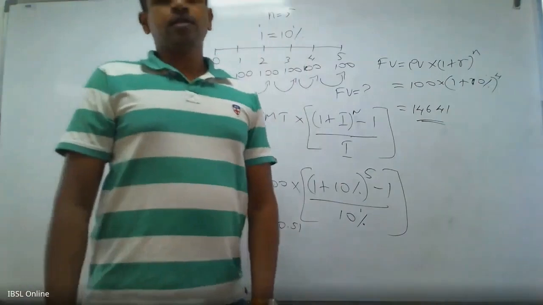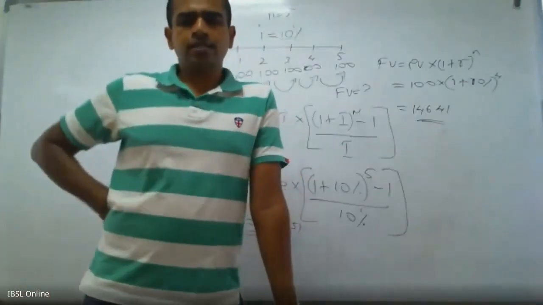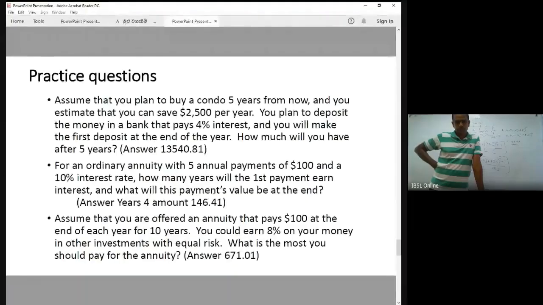Assume that you are offered an annuity that pays $100 at the end of each year for 10 years. You could earn 8% on your money in other investments with equal risk. What is the most you should pay for an annuity?